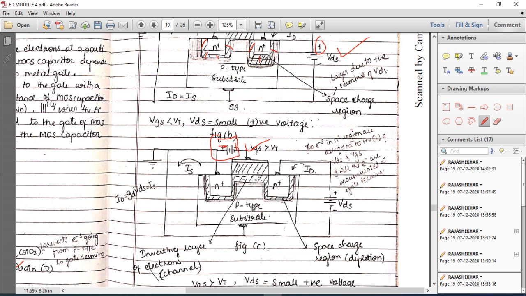In the P type substrate, electrons are minority charge carriers, so it starts pulling the electrons from the P type substrate near the oxide layer, which is shown here.